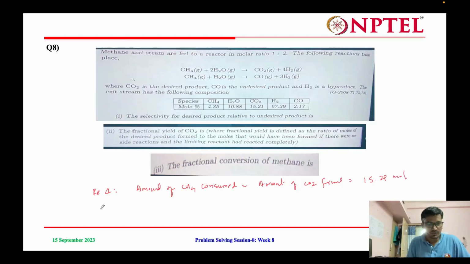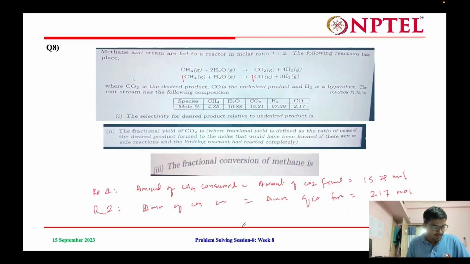Now reaction two: the amount of CH4 consumed equals the amount of CO formed, which is 2.17 mole, a 1:1 ratio.